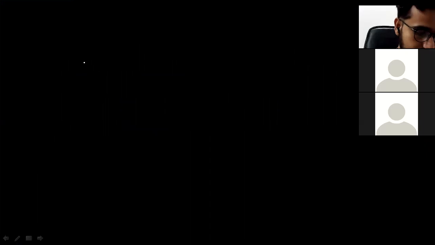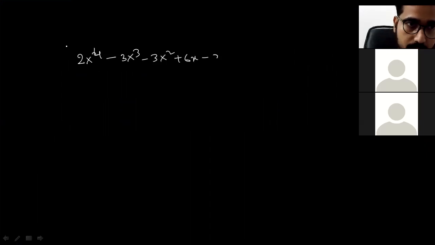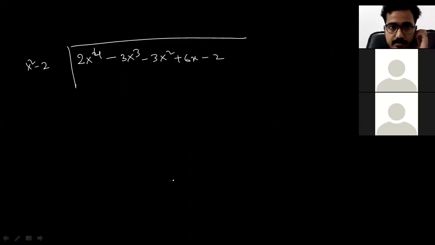So you have to divide 2x to the power 4 minus 3x cube minus 3x square plus 6x minus 2 by x square minus 2. Up to this, all of you clear?